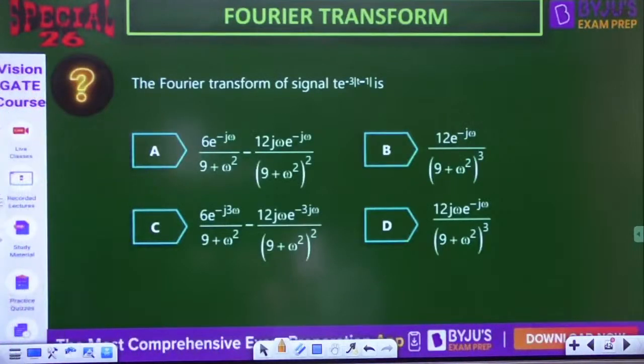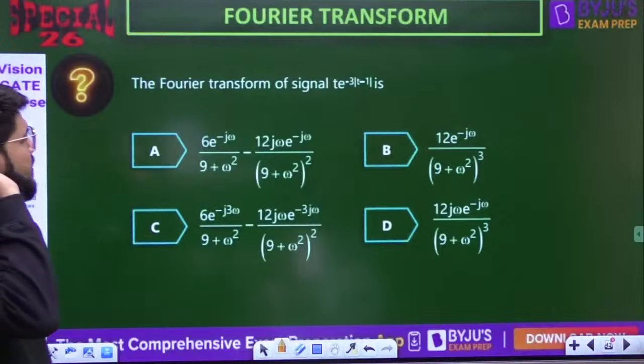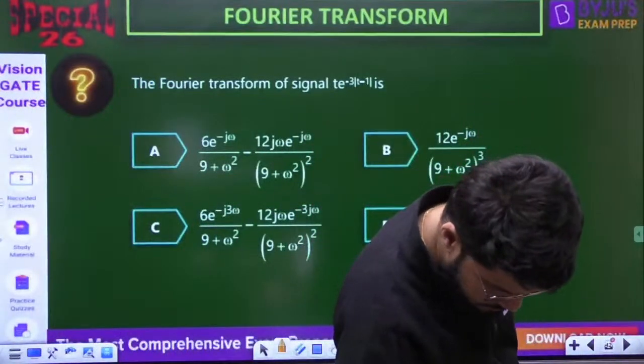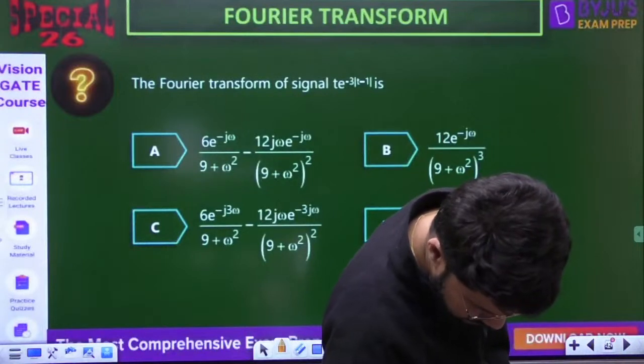The Fourier transform of the signal t e^(-3|t-1|). Okay, take this question, dear.